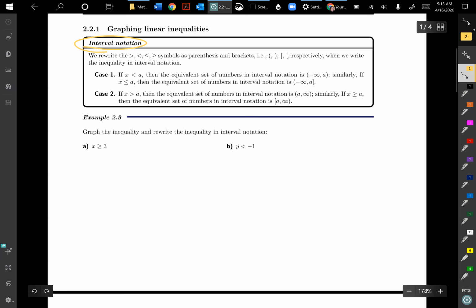So interval notation, we rewrite the greater than, less than or equal or greater than or equal symbols in parentheses and brackets. When we write them this way with the parentheses or brackets, that's called interval notation.